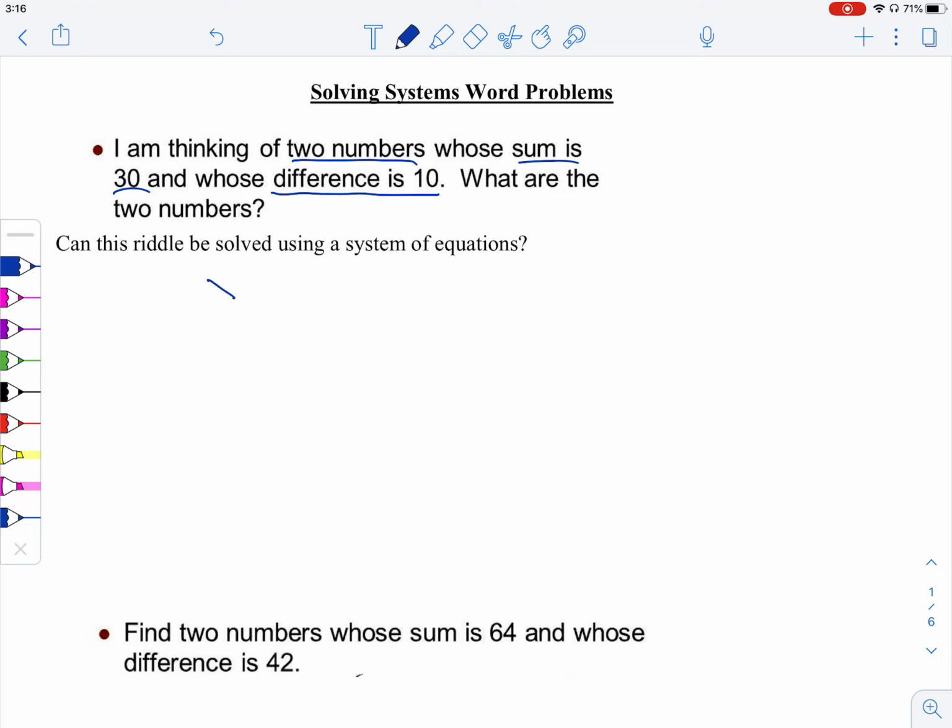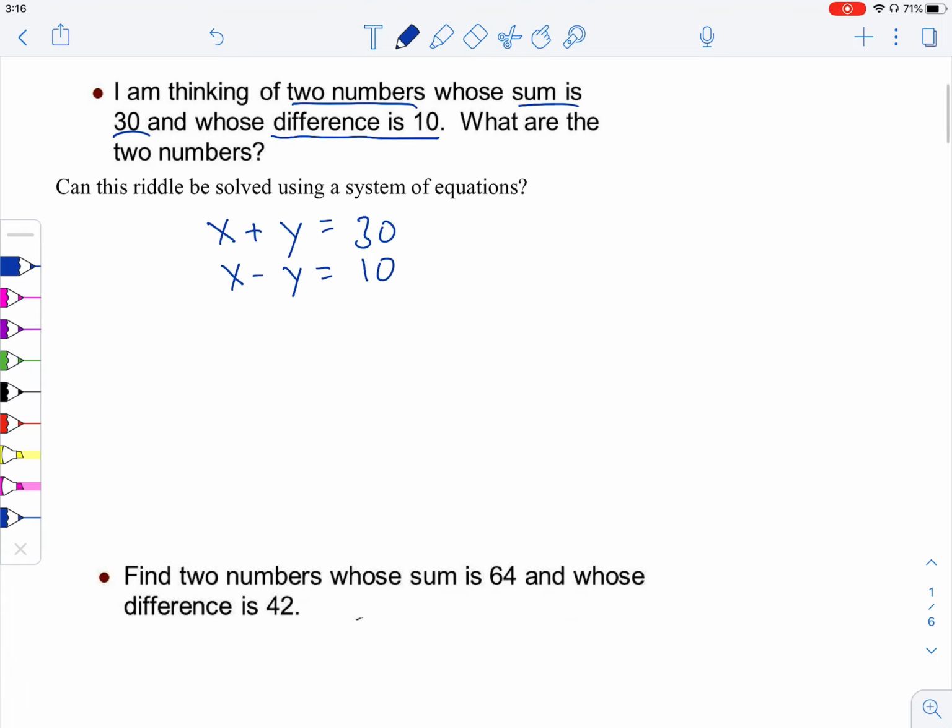So we have two numbers, let's say x and y, and they add to 30. And a difference, remember, difference is subtraction. So x minus y equals 10. So now we have a system and we can easily solve this.